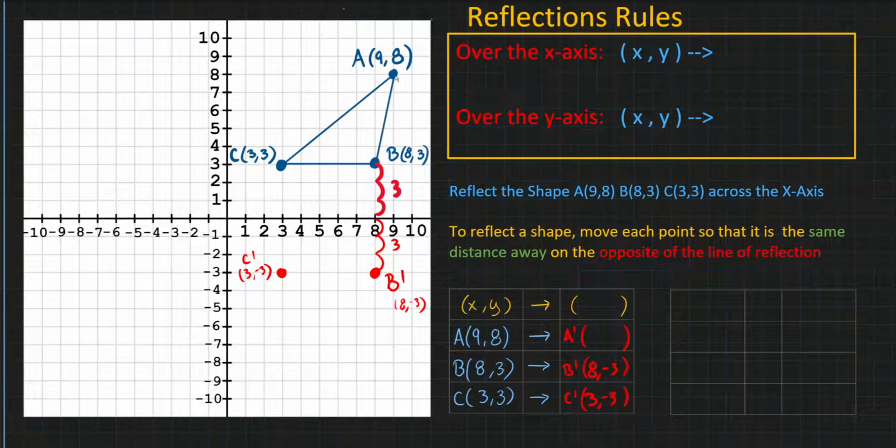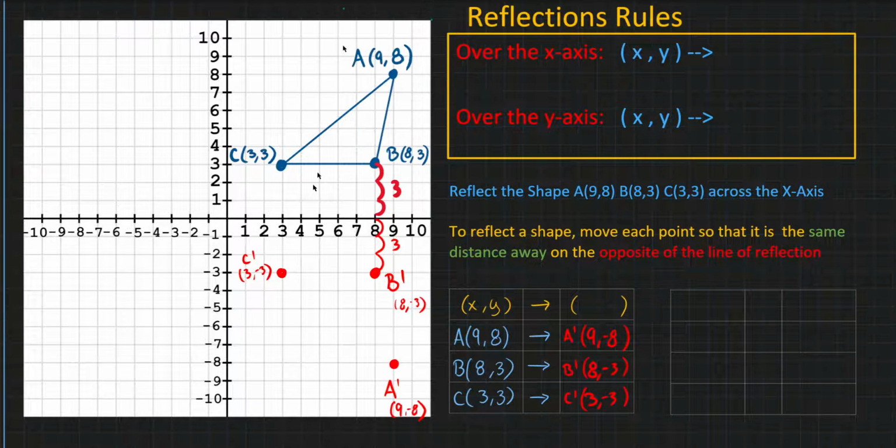And now A prime. A is 1, 2, 3, 4, 5, 6, 7, 8 away from the x-axis. So I'm going to take A prime and make it 1, 2, 3, 4, 5, 6, 7, 8 away from the x-axis again. A prime, and that is (9,-8). Boom. (9,-8).